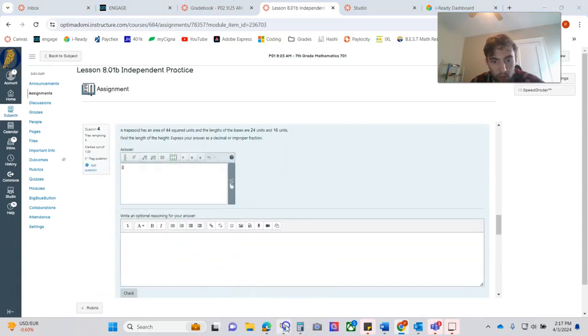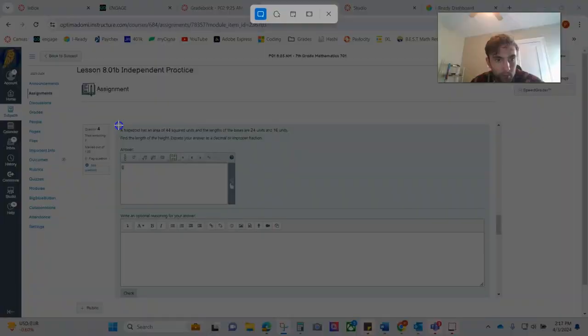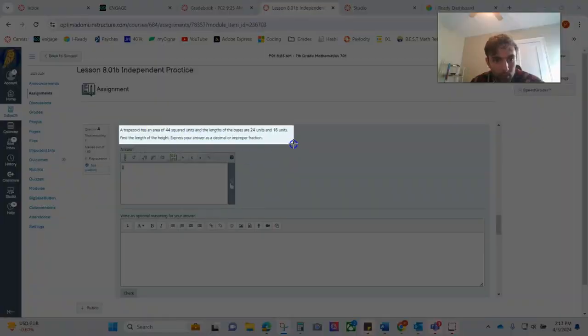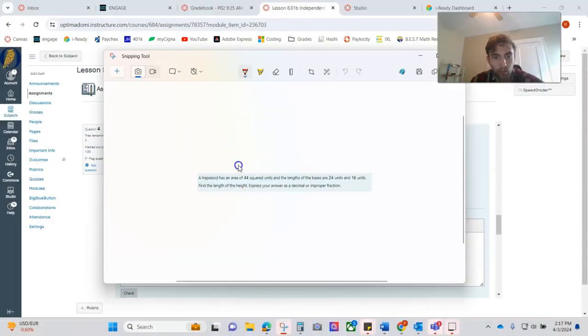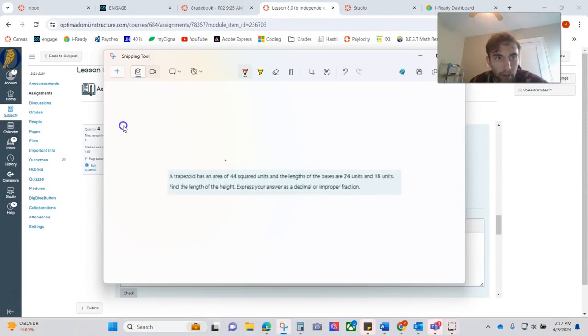Question 4. Trapezoid area. To find the area of a trapezoid, we use the formula A equals 1/2 times h, which is the height, times base 1 plus base 2.